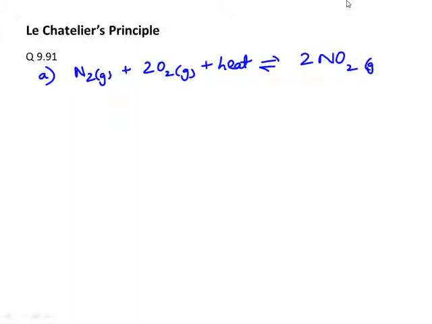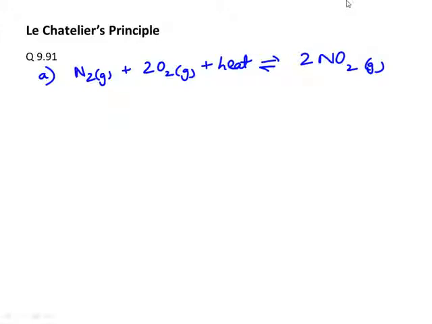So if you look at the first equation, A, which says nitrogen gas plus 2 oxygen gas plus heat, so this is an endothermic process, and makes 2 NO2 gas. And now, are we increasing the temperature or decreasing the temperature? Just a second.